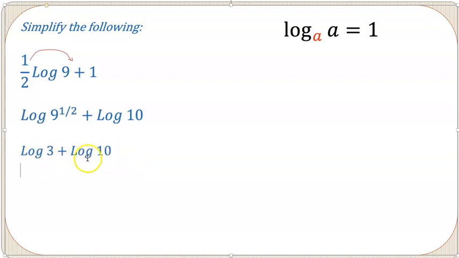Now we have addition of 2 logs, same base. So we just multiply these end results. So we're going to say log of 3 times 10, which of course will be log 30.